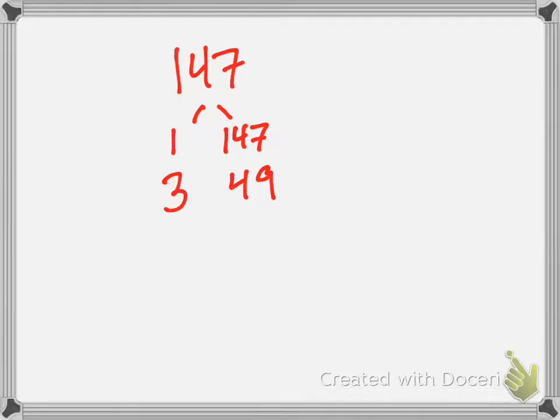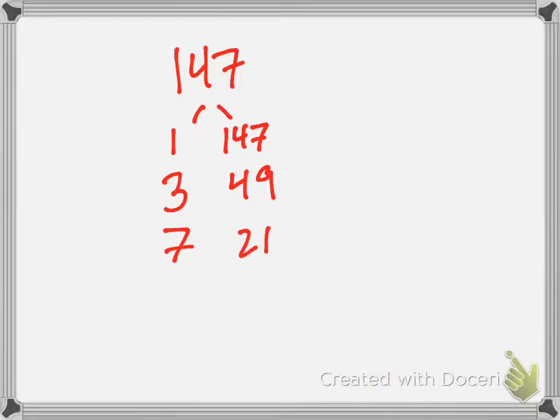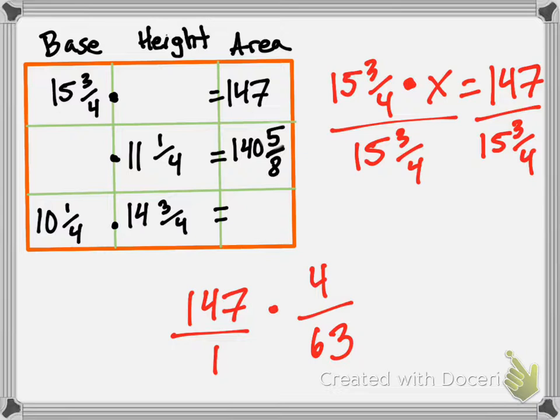Let's try 7 then. If we divide 147 into 7 groups, we get 21. And I'm still noticing something. That means we've got some nice big factors here of 21. Is 63 divisible by 21?